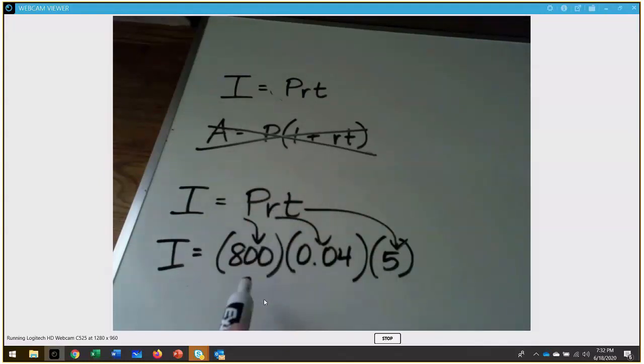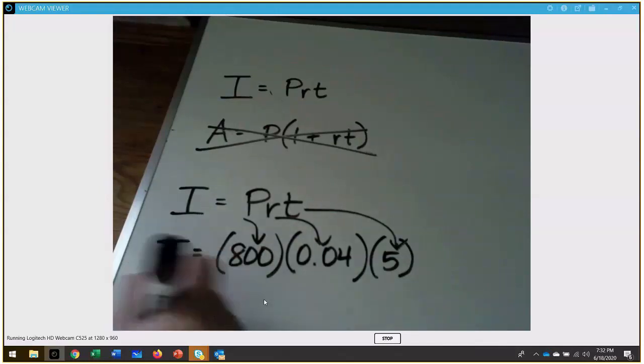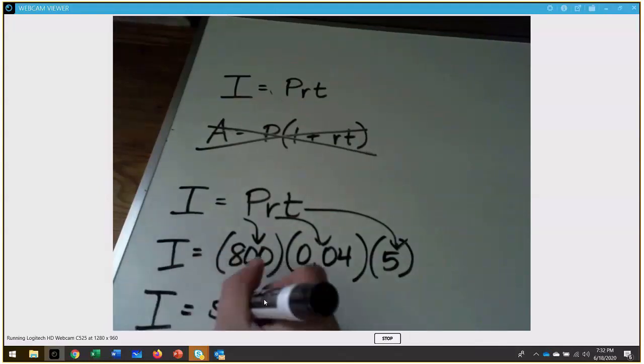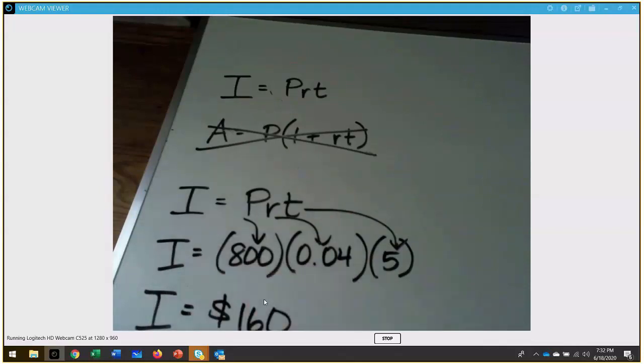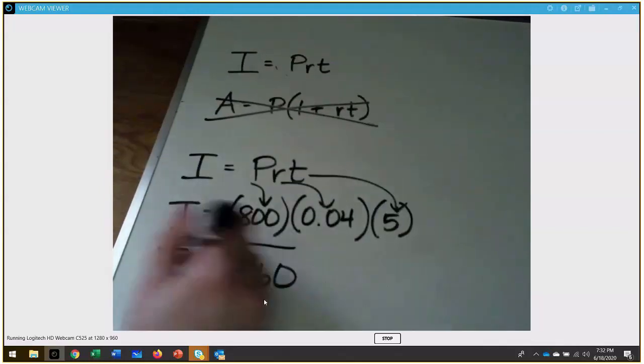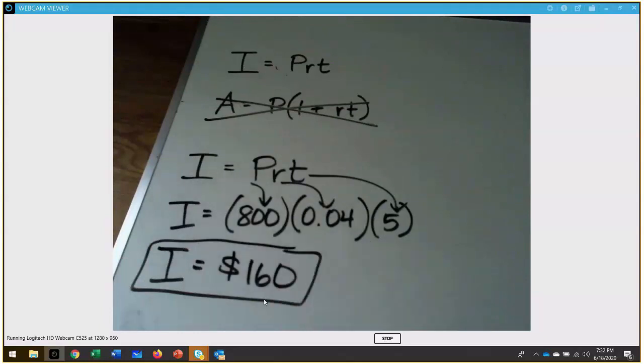And now all I have to do is plug this all in and multiply it together. All right, so 800 times 0.04 times 5 gave me 160. And that's it.